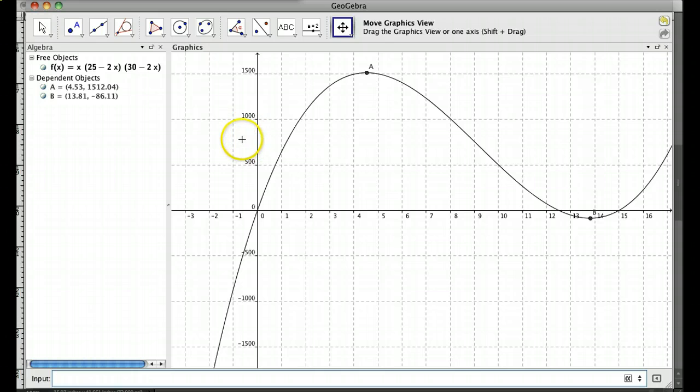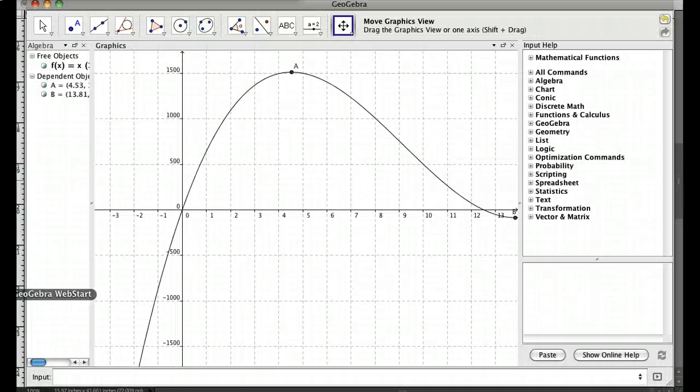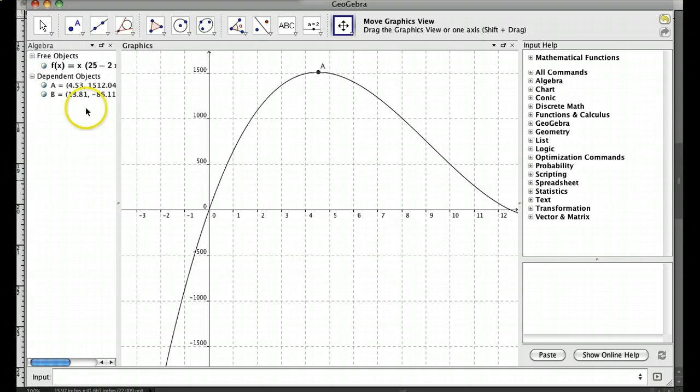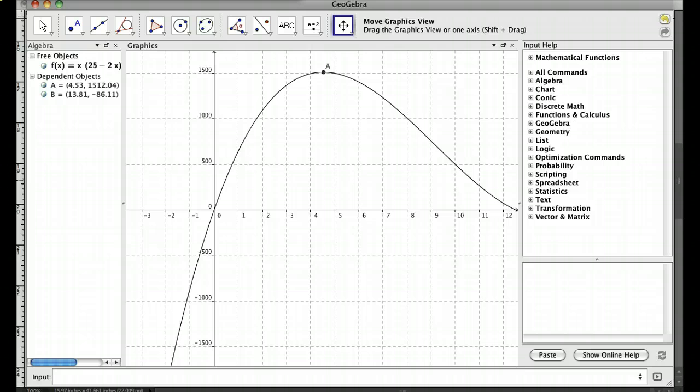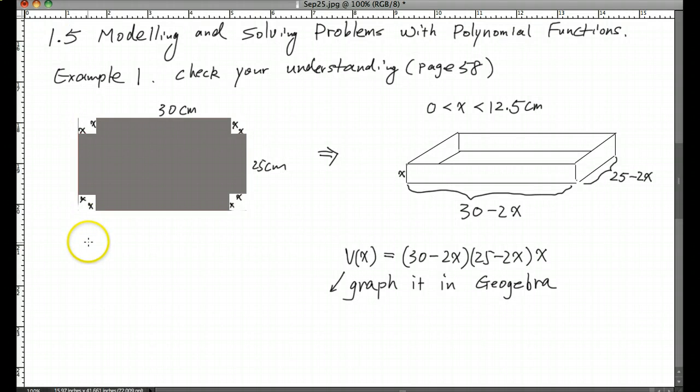Okay, so we can just take this picture and put it back into the notes. We can check that when x equals 4.53, the volume is 1512.04.